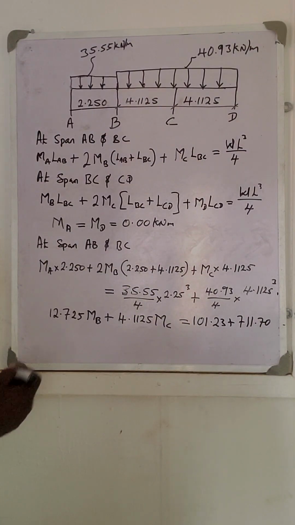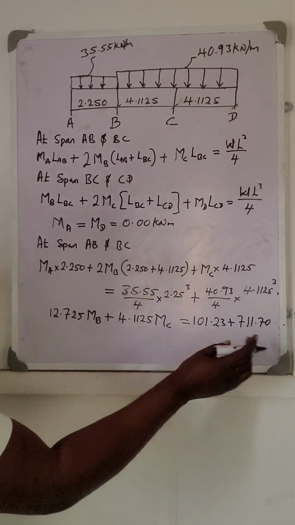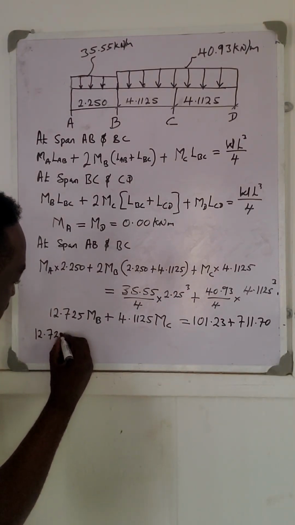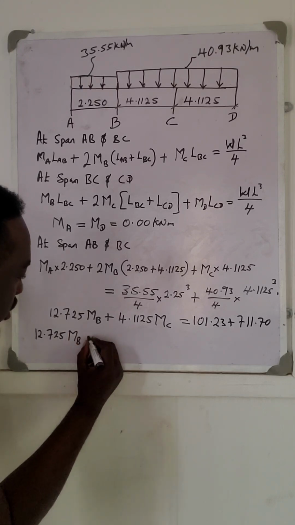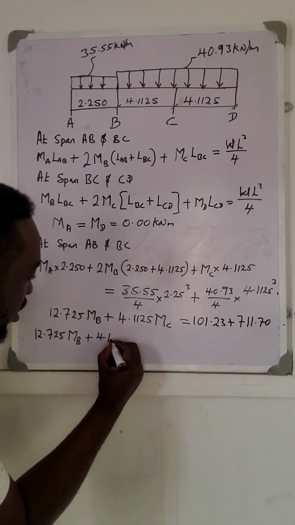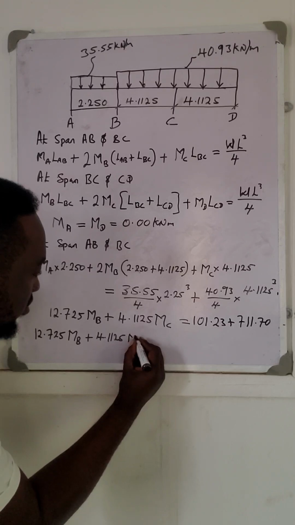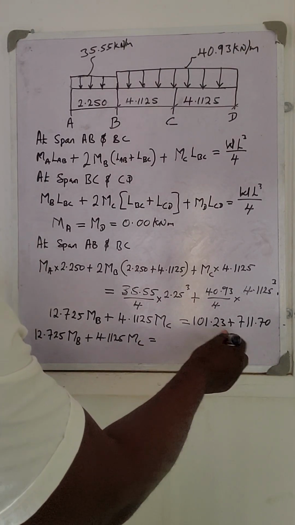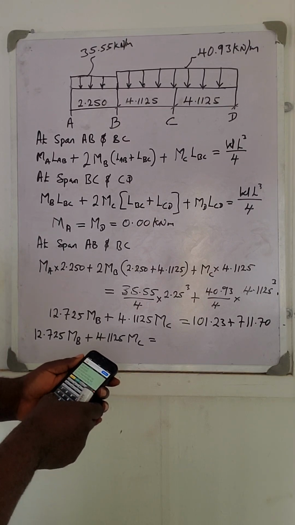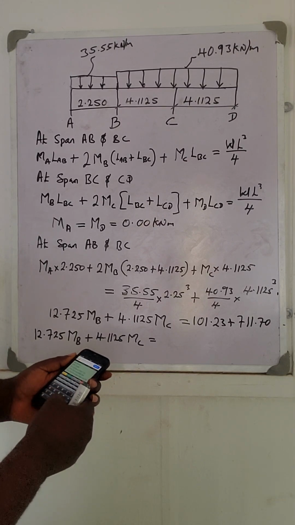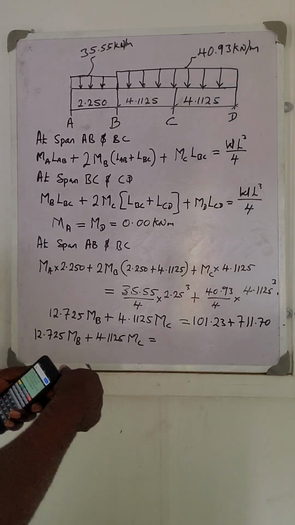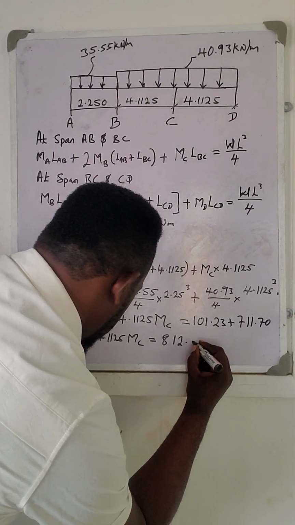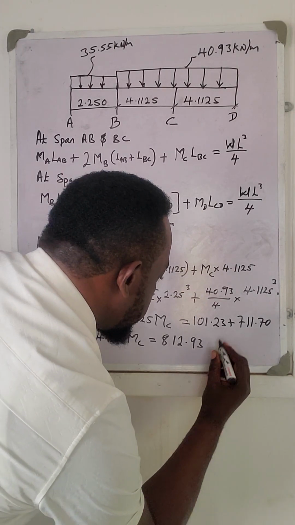711.70 approximately. So if you add these two, I'm going to have 12.725 MB plus 4.1125 MC is equal to, add these two together, plus 101.23, we have 812.93 approximately.